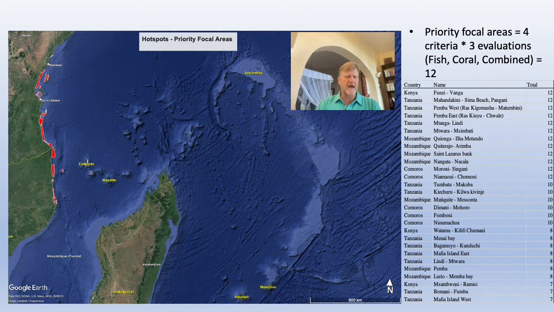And this is due to the high density of high diversity sites along the African coastline, again from southern Kenya down to northern Mozambique. These areas are areas where the reefs within 6 square kilometers with high diversity are located close to each other. So these are focal areas that will include more than one reef, more than one high diversity reef that have a cluster of high diversity reefs.